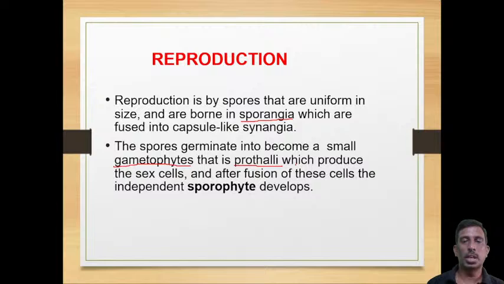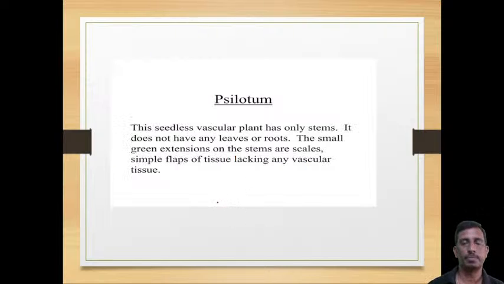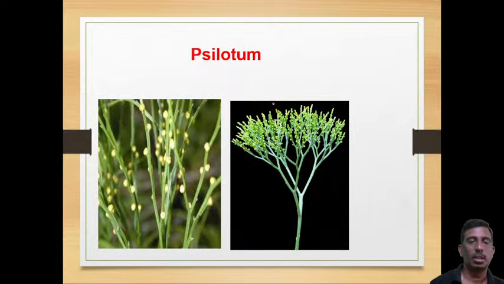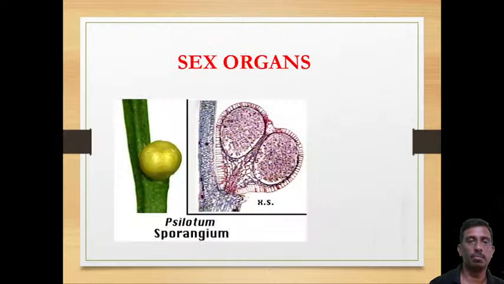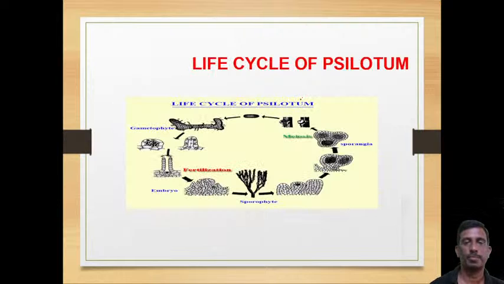On this prothallus, the antheridium and archegonium are present, where on sexual reproduction they will form the sporophyte. The example for this is Xylotum. This is the picture of Xylotum, Xylopsida. These are sex organs, sporangia, in which spores are produced.